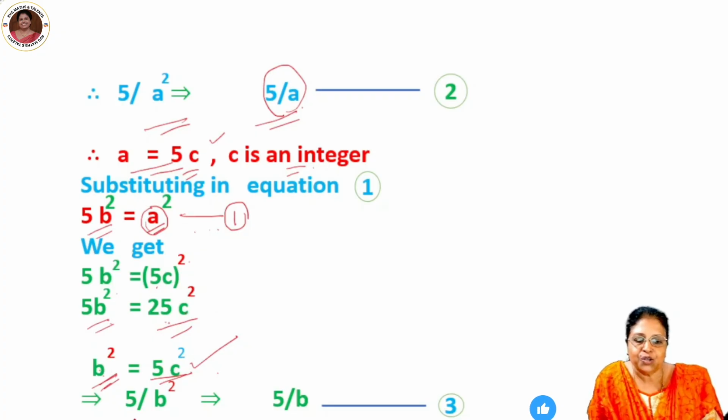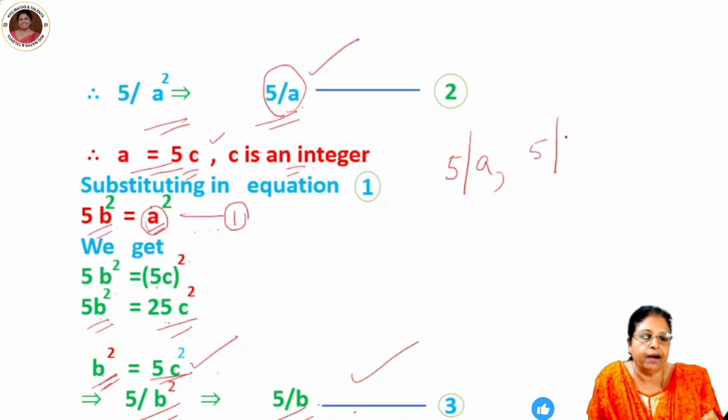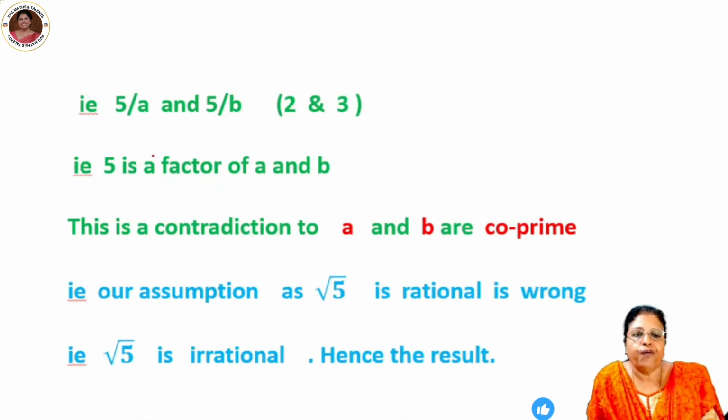So if 5 divides b square, then by theorem 1.2 you can say 5 divides b. So here we are getting 5 divides b, and already here we got 5 divides a. So we are getting here 5 divides a and 5 divides b.